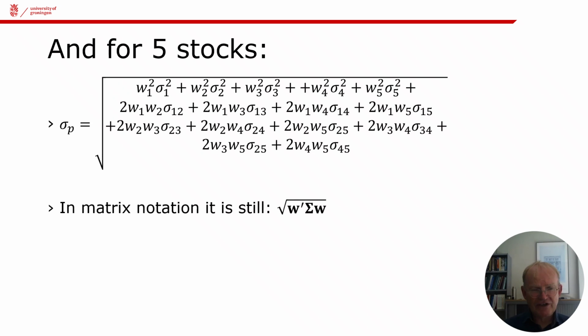And this is for 5 stocks, so that's already pretty horrible. But in matrix notation, that's still the same. So you can see that this way of writing down formulas is really helpful in cases of a lot of stocks or a lot of equations.